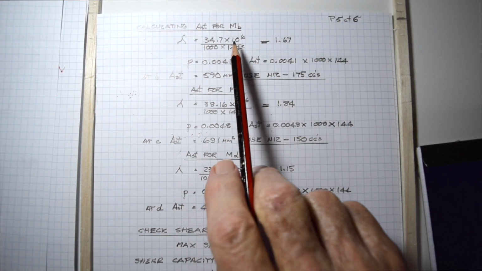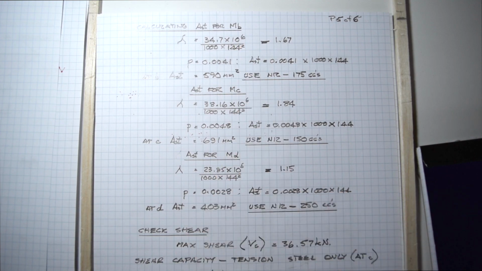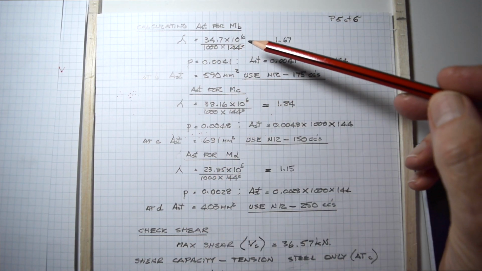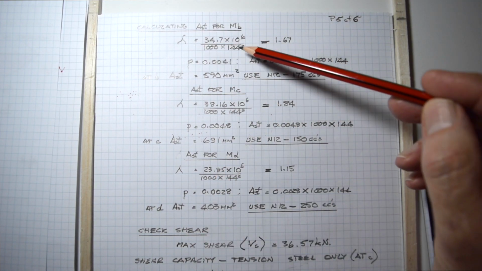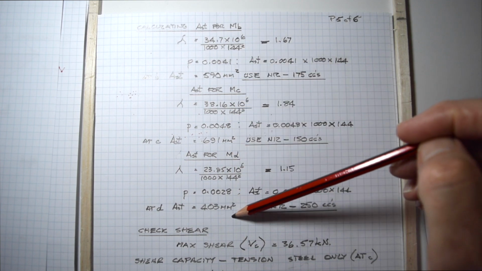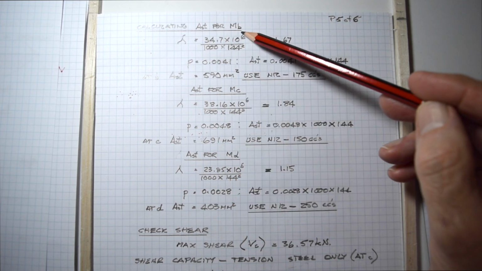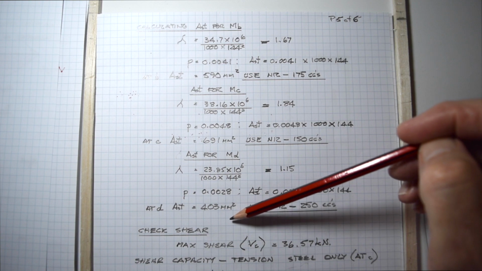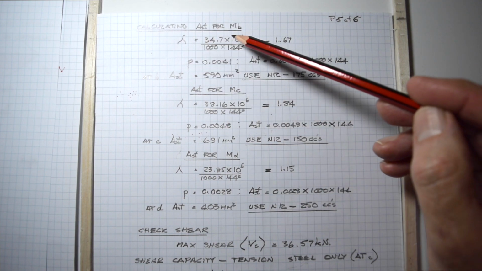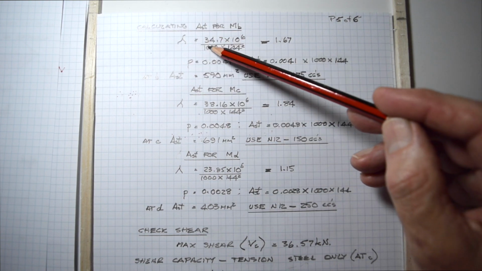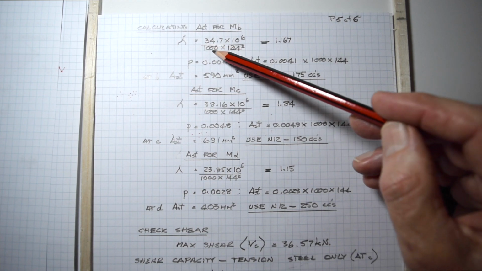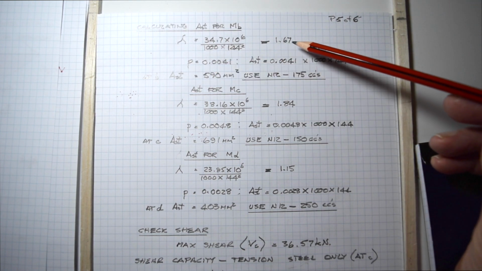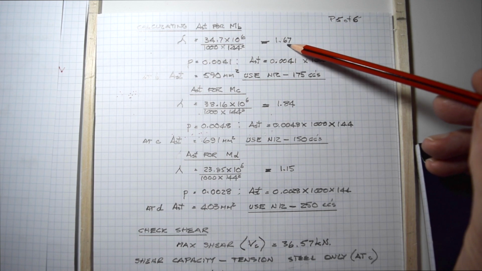Now, calculating the area of steel for the different moments, we just look for the lambdas in each particular case. I'm not going to grind through this because I've done this many times with you in this course of lectures, and by now you should know what lambda is. You know it's M over bd squared. B in the slab is 1,000 millimeters, and it gives you a factor lambda 1.67.